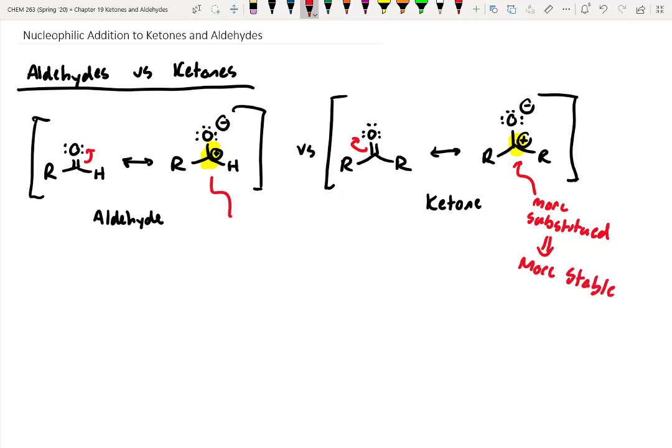Okay, conversely, that means that this is less stable because it's less substituted, and that means that it is going to be more reactive.